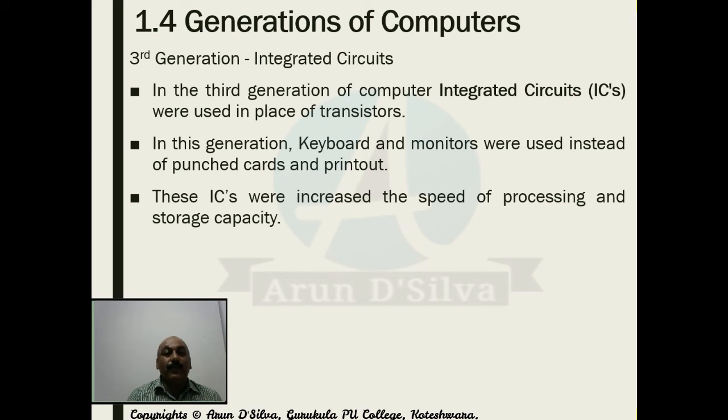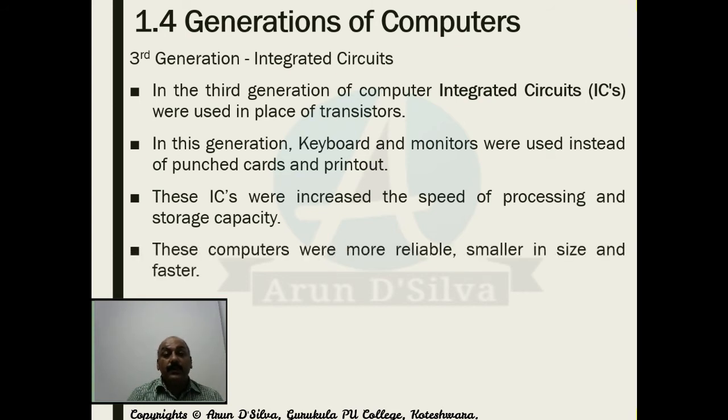Now in the third generation, it used to handle 16-bit binary numbers, that means 2 to the power 16. That big a number it was able to handle. And these computers became more reliable, smaller in size, and very much faster compared to the last two generations.